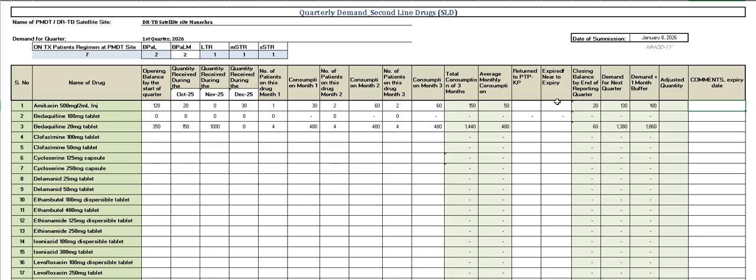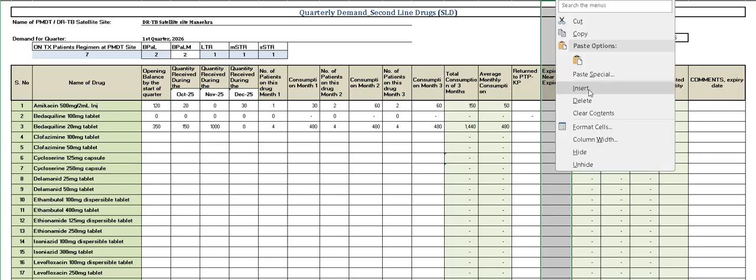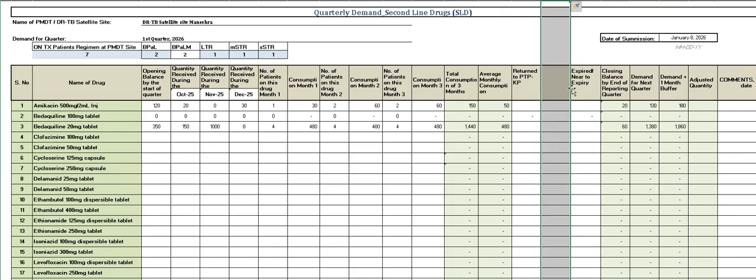I just want to add here a column, and I want here that you issued to other sites.